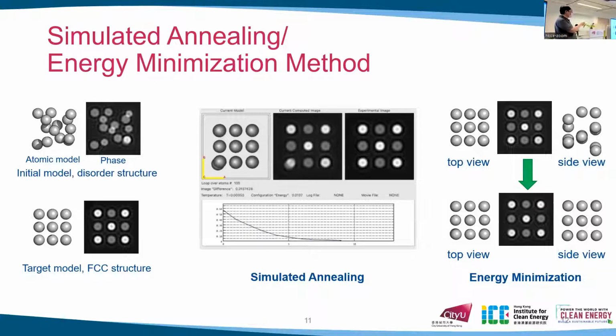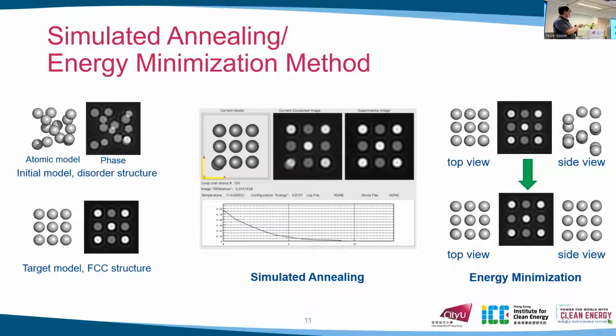But because our simulated image is not sensitive along the direction of the electron beam, as shown here, from the top view the match is very good, close to the experimental one. If you look from the side view, it's not good.